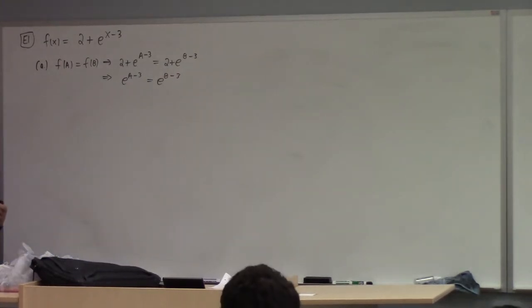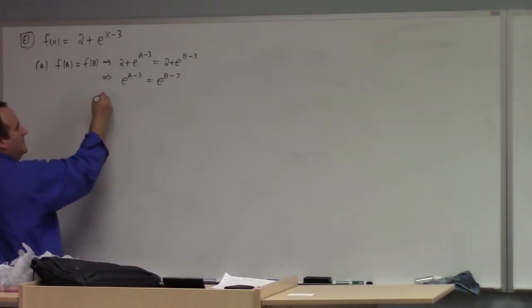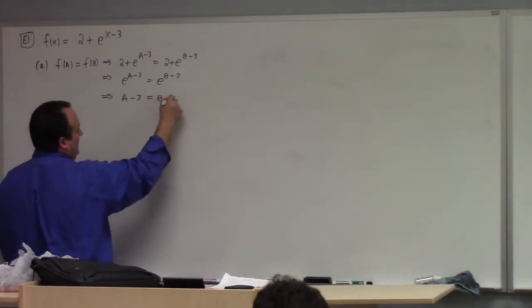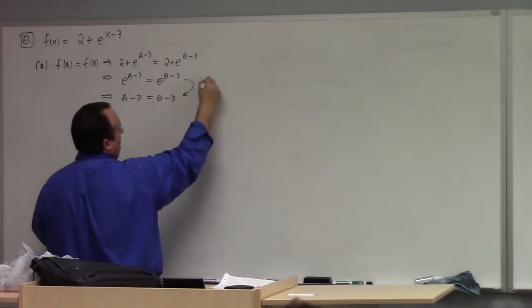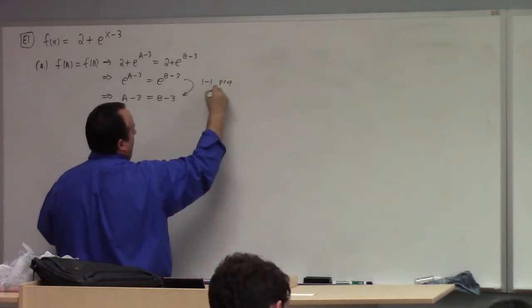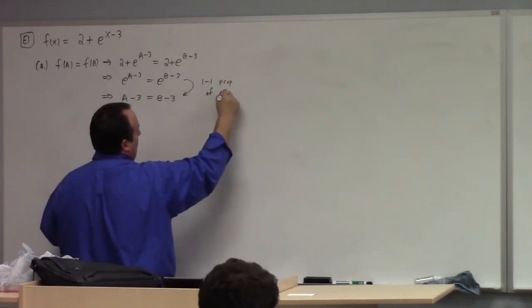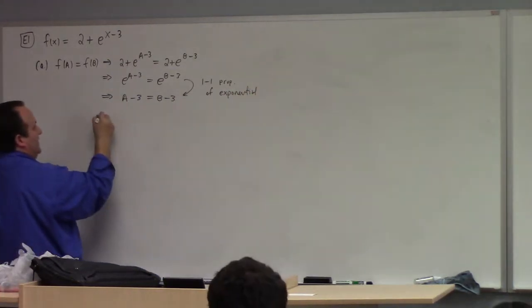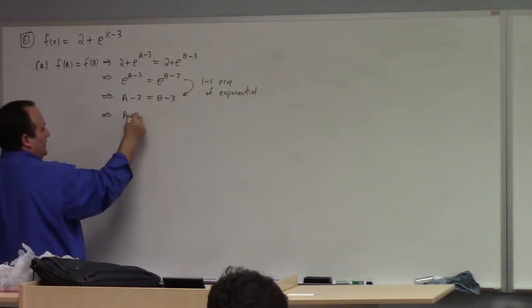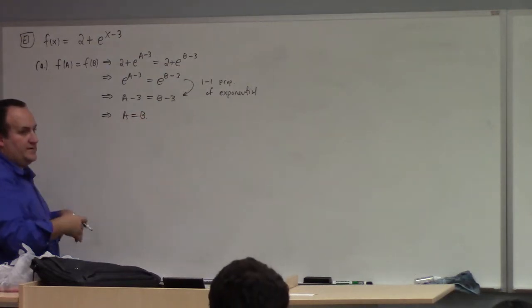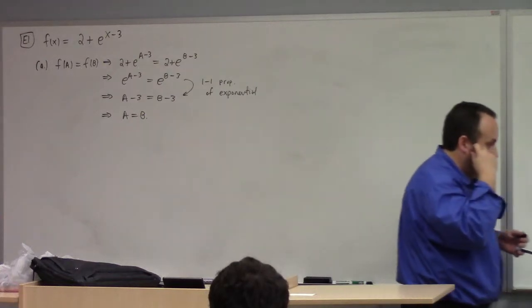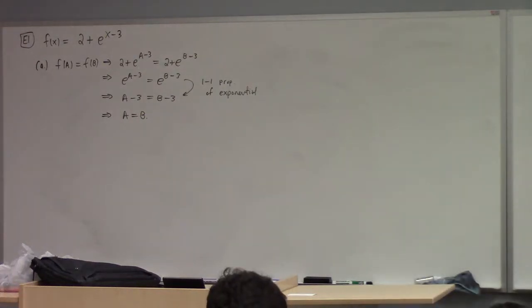And then by the one-to-one property of the exponential, that tells me that a minus 3 is equal to b minus 3. And then add 3 to both sides, lo and behold, a equals b. So this would algebraically show that the function was one-to-one. If you have equal outputs, you've got the same input, right?